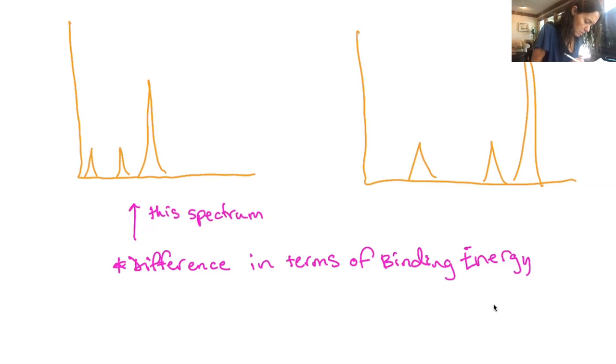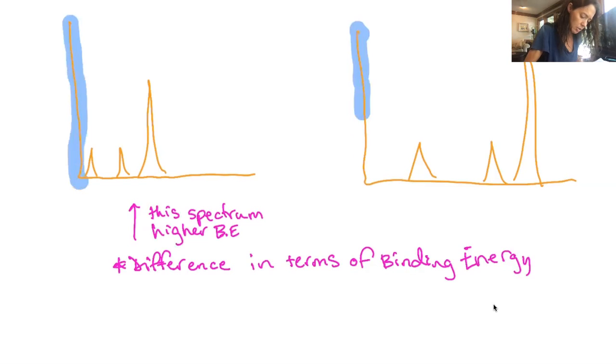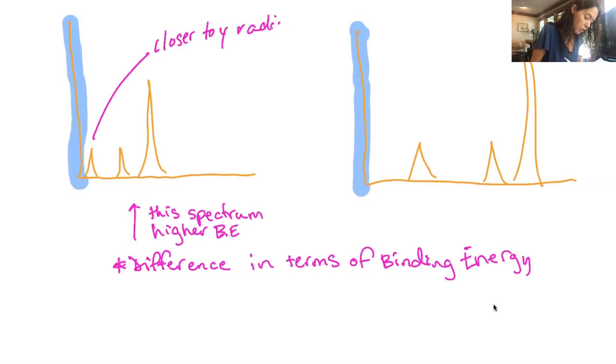Remember we said the closer you are to this, the higher your binding energy. And we see that this is closer to the nucleus. That's how we know it's got a greater binding energy, right? That also means that it is closer to the nucleus.